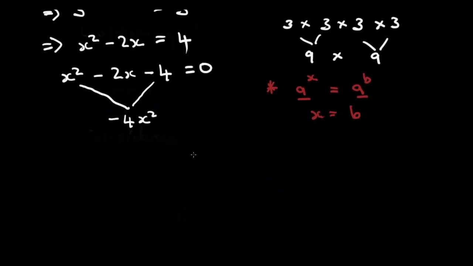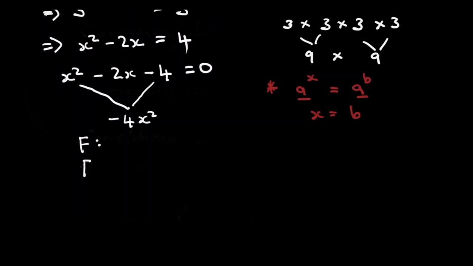Now what we need to do is find factors such that if we multiply the two terms, we should get minus 4x squared. But if we add the two terms, we should get minus 2x.